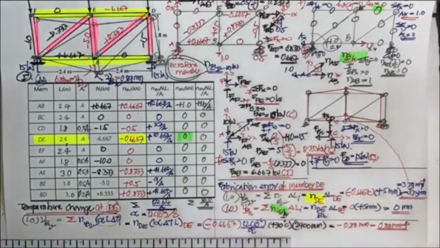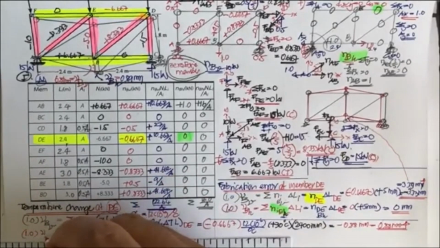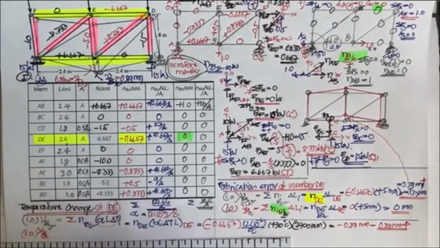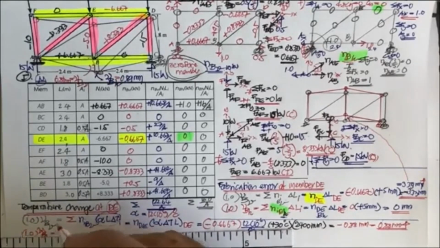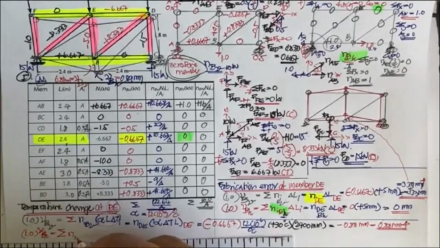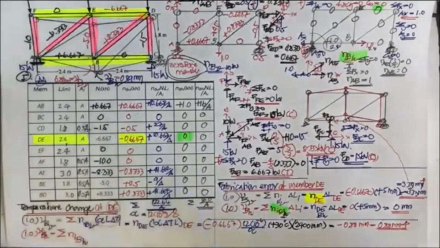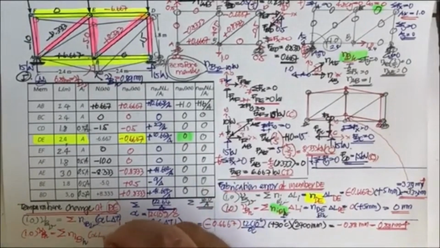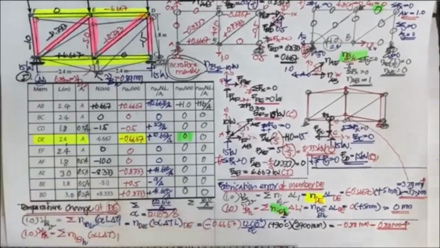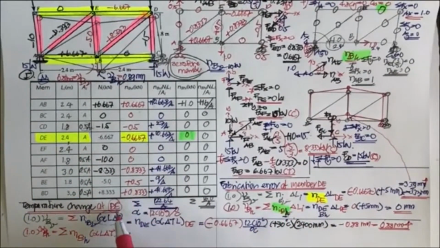Now, for the other one, the horizontal, the displacement at point B in the horizontal direction is going to be the summation of n sub I BH, now this one is going to be H, not B, and then the other is alpha L delta T I, and it occurs only at the DE.